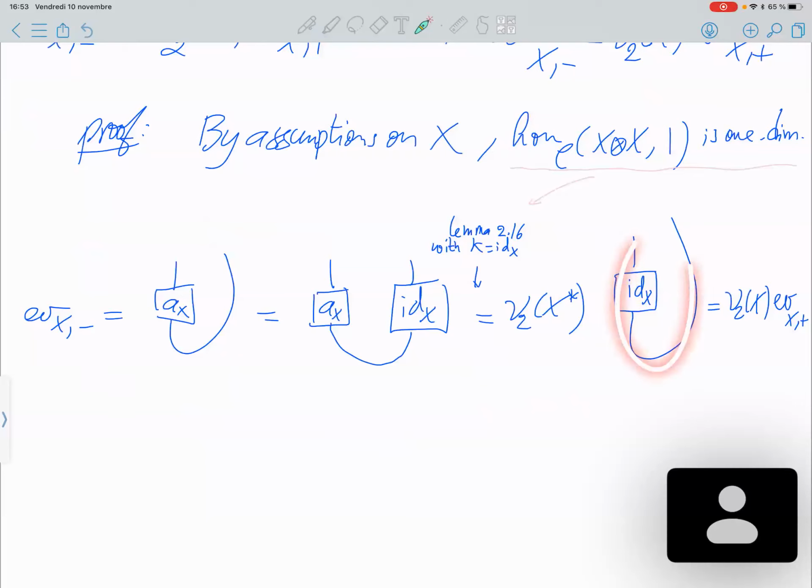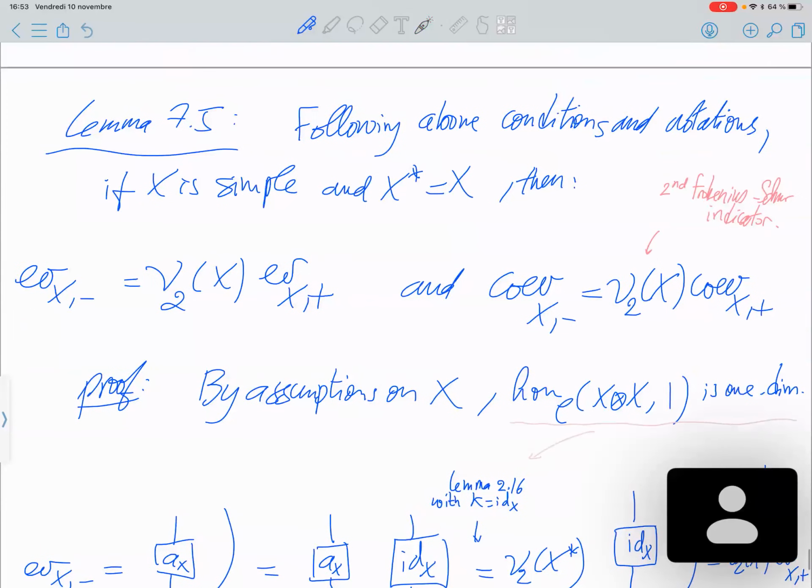So you just have the usual evaluation map and X star equal X. Oh yeah, here you need X star equal X, in fact. You can have something more general, but you need to put a star. Anyway.